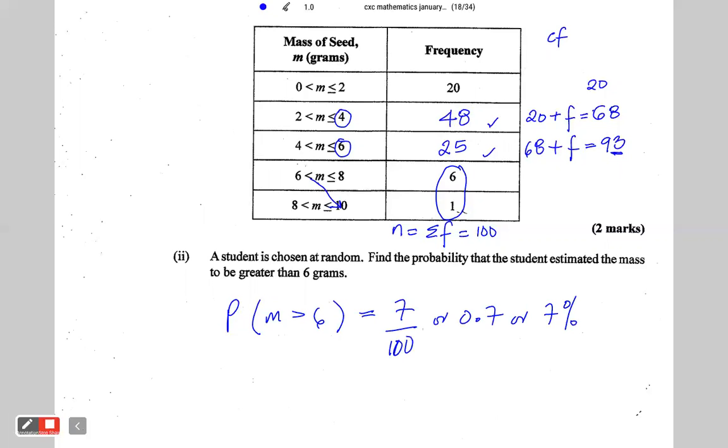So any one of those answers would do. You did not need to write all three. But I normally like to write my probability as a percentage. So there's a 7% chance that if you select a student at random, his estimate for the mass is going to be greater than 6 grams. All right, and that's the end of the question.